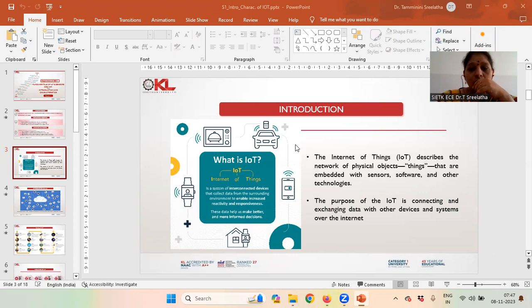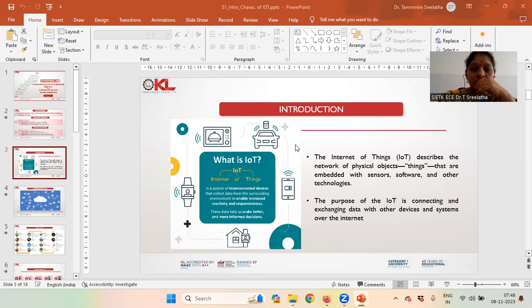It is a common platform or network where we can connect our physical objects or things that are embedded with sensors, software, and other technologies. Actually, the main purpose of IoT is to connect the objects so they can exchange data with other devices using the internet, so that we can operate the devices from where we are.